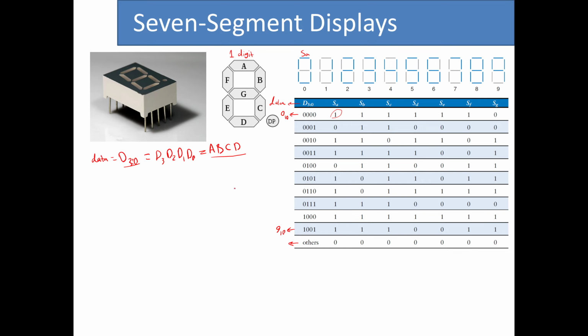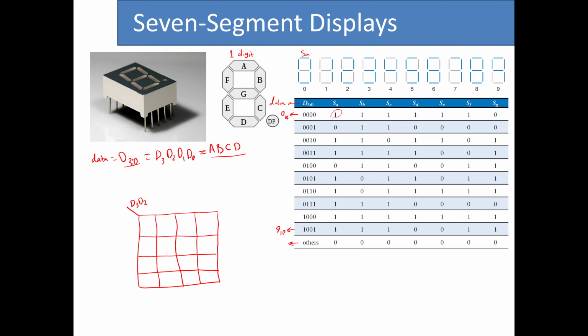So now based on this, let's just come up with the Boolean equation for function SA. So since we have 4 inputs, I create a 4x4 Karnaugh map. I draw the divider, so here we have D3 and D2 representing the columns, and we have D1 and D0 representing the rows.